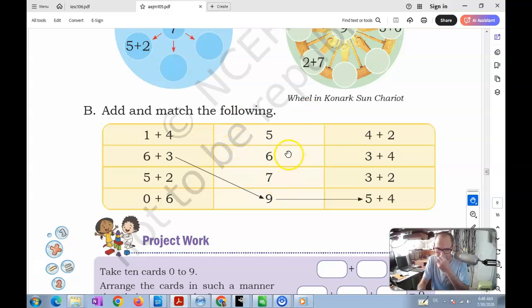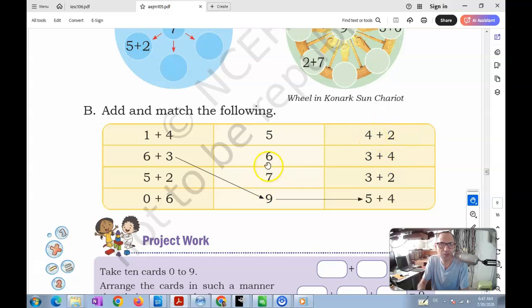Now, these are some number pairs, for example, for these numbers 5, 6, 7, and 9. For a 5, you would have a 1 and a 4, or a 3 and a 2, for example, would be equal to 5. For a 6, for example, you would have a 0 and a 6, and a 4 and a 2.